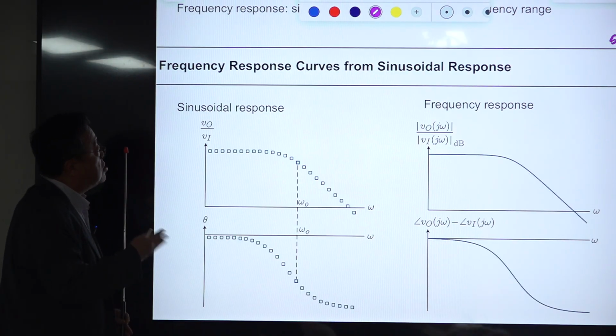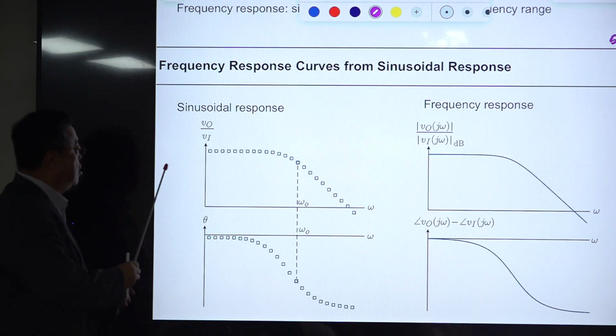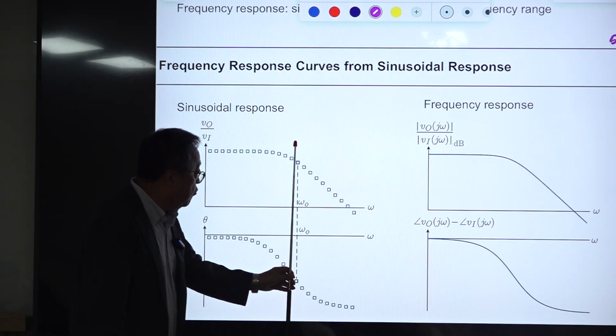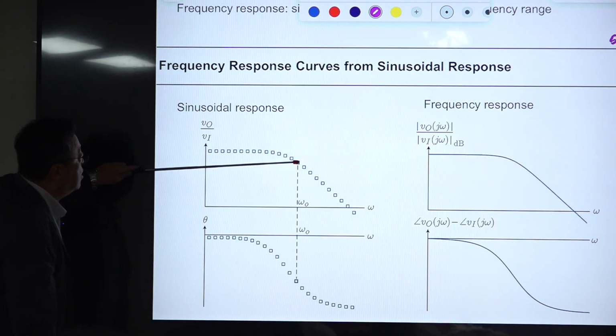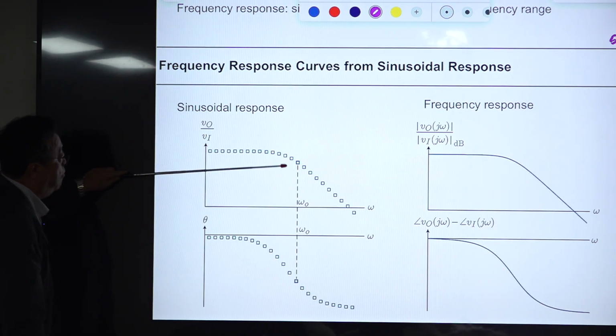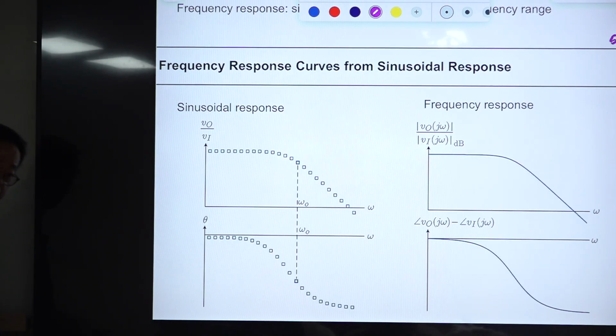When we are talking about the sinusoidal response, we assume we are interested in only one frequency, the specific frequency omega naught, where we measure this one. This is gain response or magnitude response, and we measure this one. This is your phase response.